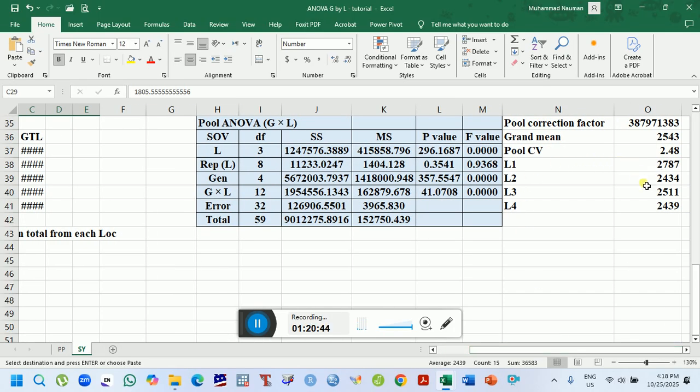Location 1, location 2, location 3, and location 4 seed yield data are significantly different from each other. So that's why this term is highly significant. Genotypes are highly significant in this pooled analysis, and the genotype by location or genotype by year result also comes out highly significant.